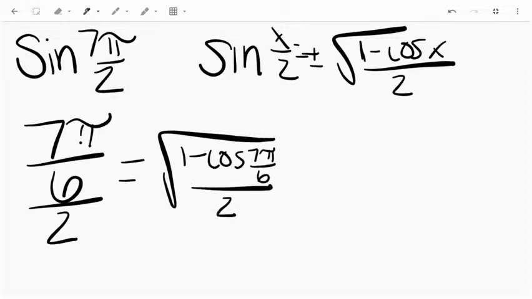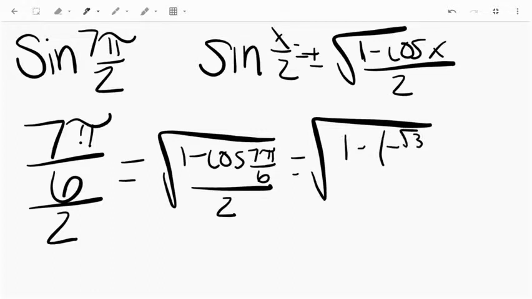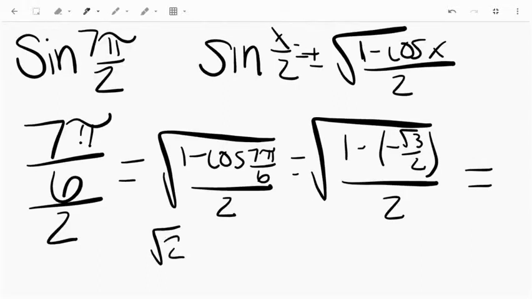This then becomes the square root of (1 minus negative root 3 over 2) all over 2. And then when you reduce this fraction, it becomes root (2 plus root 3) all over 2.